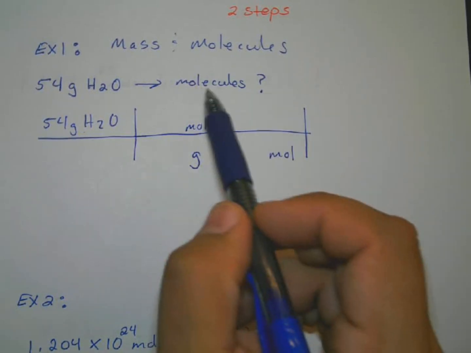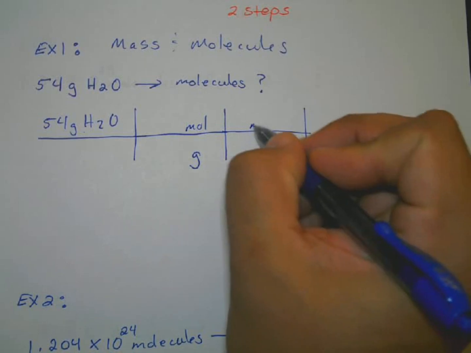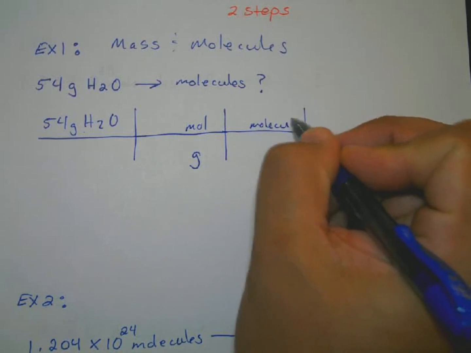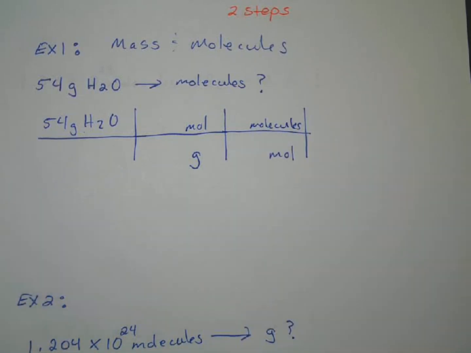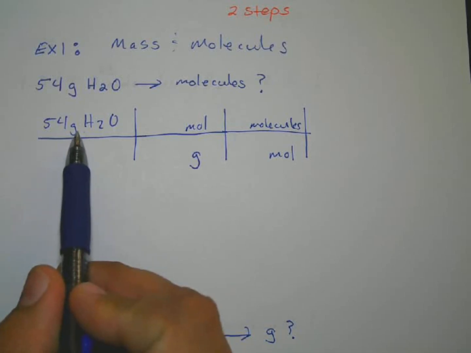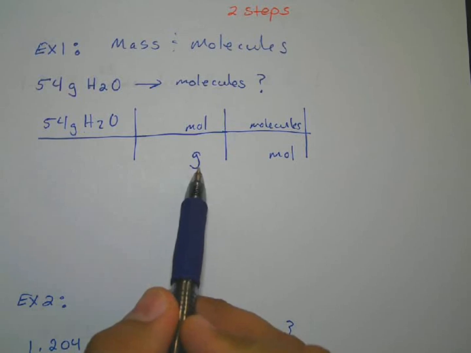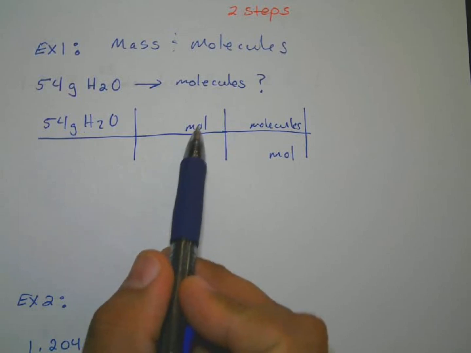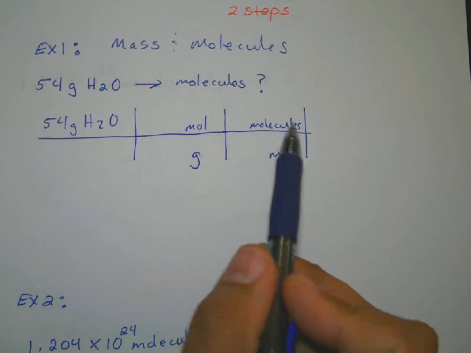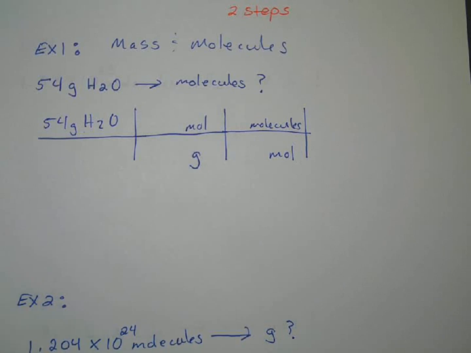They wanted me to go to molecules. Really simple. This chart fills itself out. They give you the first unit, you know that first unit goes down here, and you know you go to moles first. Whatever's up here goes down here, and then you can go to wherever they told you to go. Now it's time to plug in numbers.